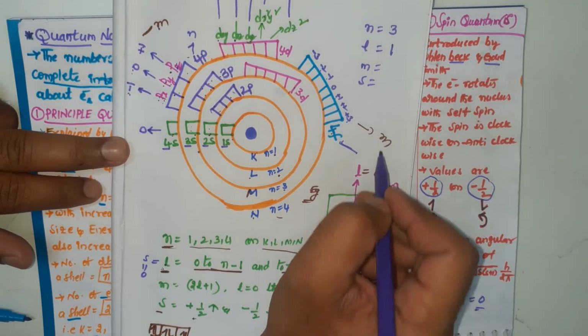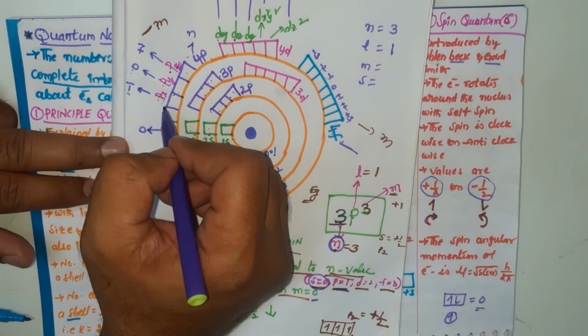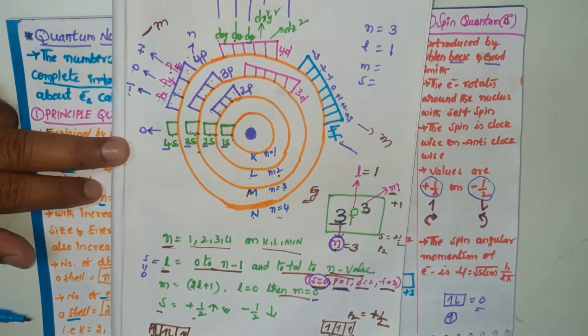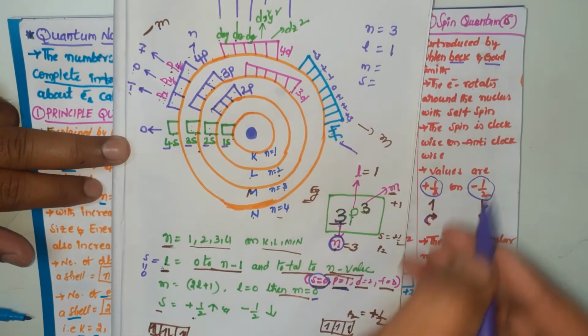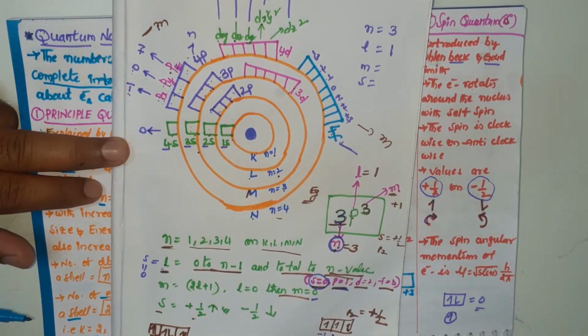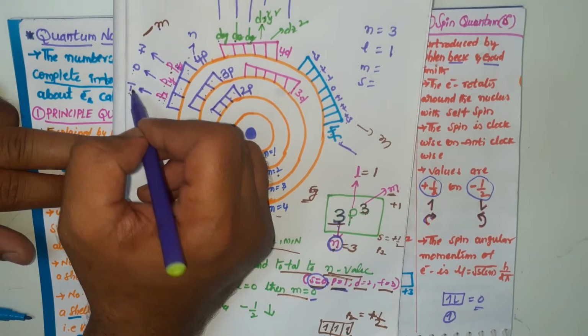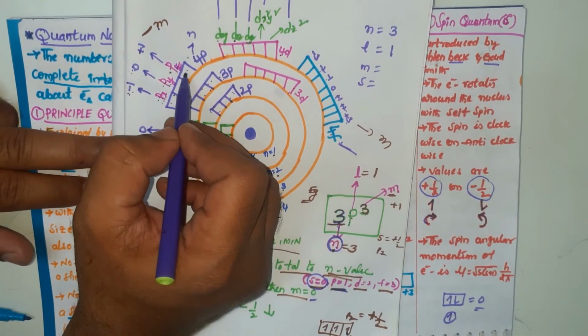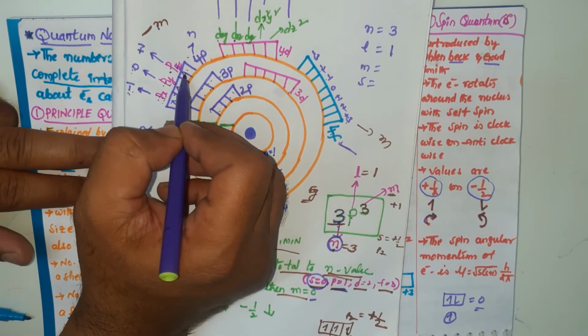And how do we show the m value? The 3 means 1, 2, 3 electrons. These boxes are minus 1, 0, plus 1. Counting 1, 2, 3, the third electron is in the plus 1 box.